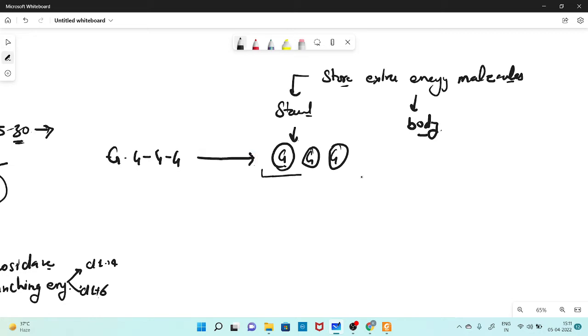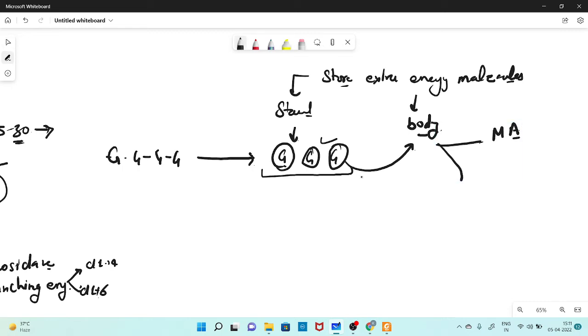Now in your intestine you have the digested starch, present as simple sugar molecules. Our body absorbs these sugar molecules and uses them for metabolic activities and different types of biological activity.